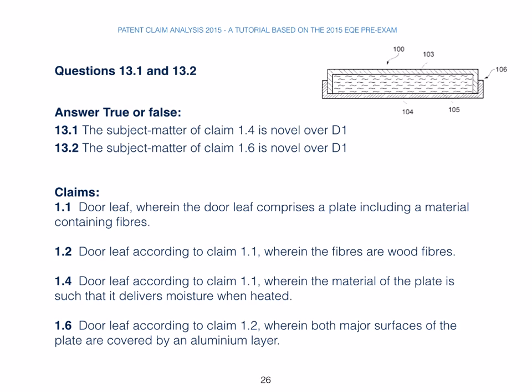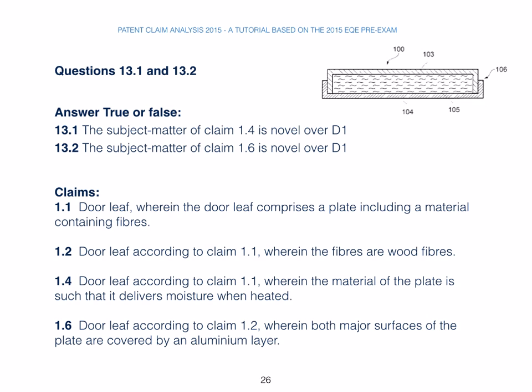Question 13 is about the novelty or not of various claims over D1 or D2. For question 13.1, the subject matter of claim 1.4 is novel over D1. You see the drawing of D1. And 13.2, the subject matter of claim 1.6 is novel over D1.